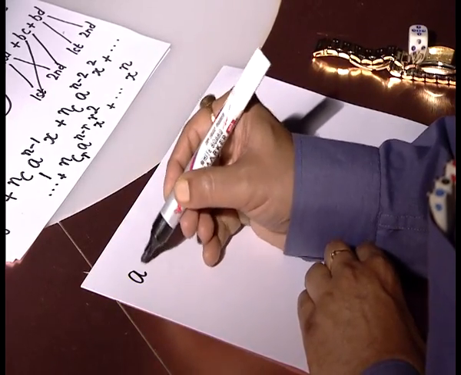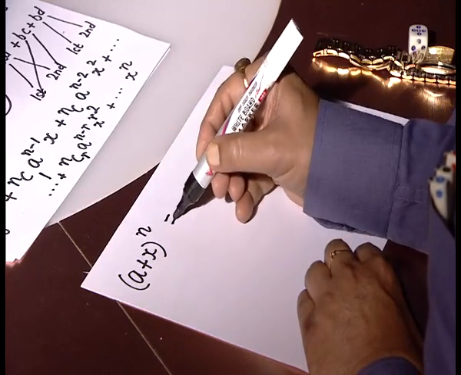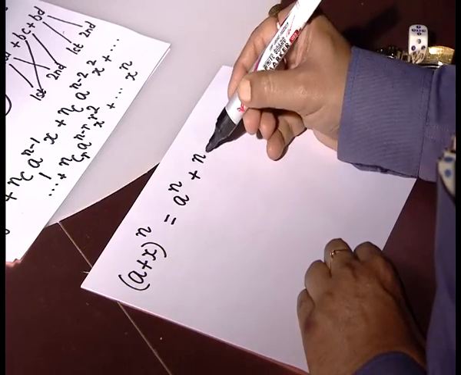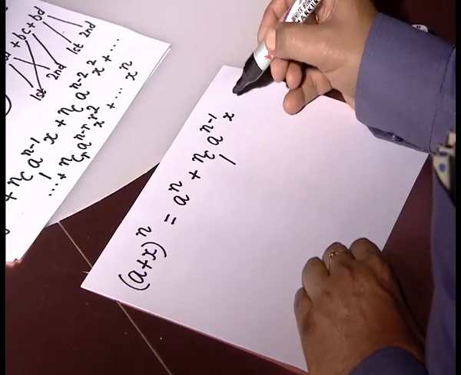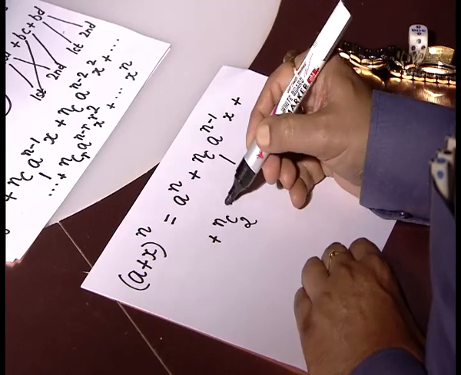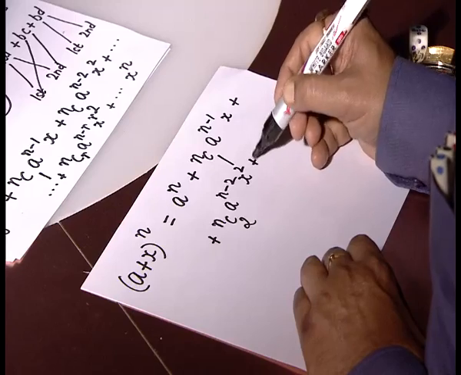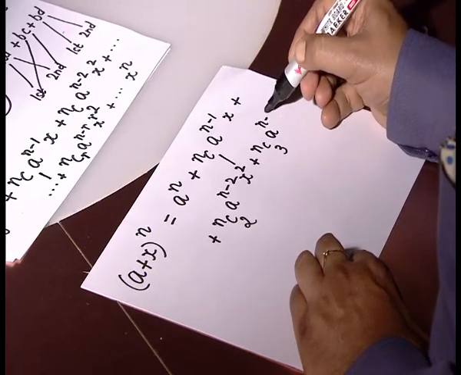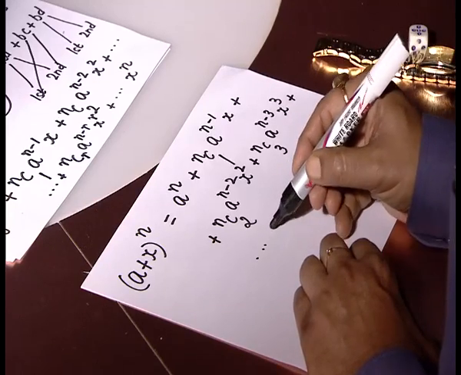Finally, let us write this expansion. a plus x whole to the power of n is equal to a to the power of n plus nC1 a to the power of n minus 1 x plus nC2 a to the power of n minus 2 x square plus nC3 a to the power of n minus 3 x cube plus so on.